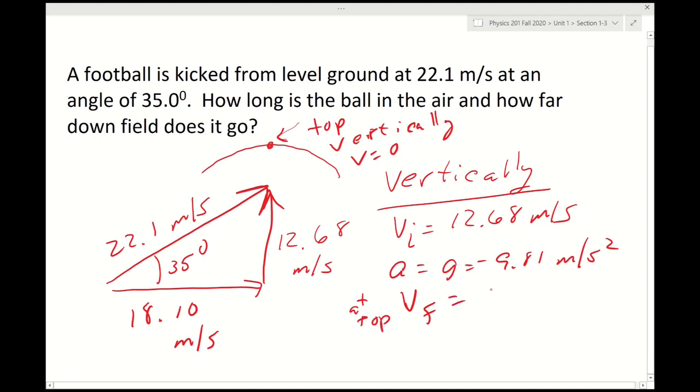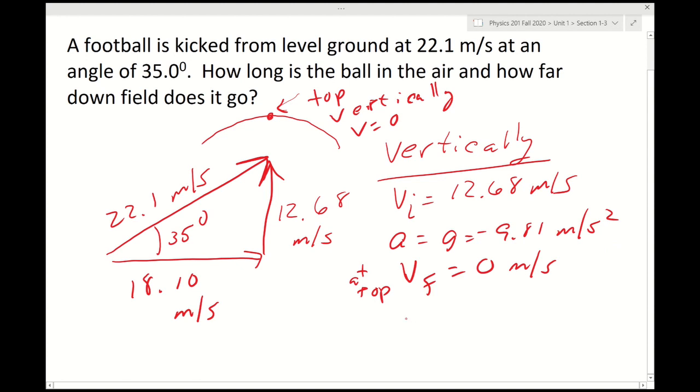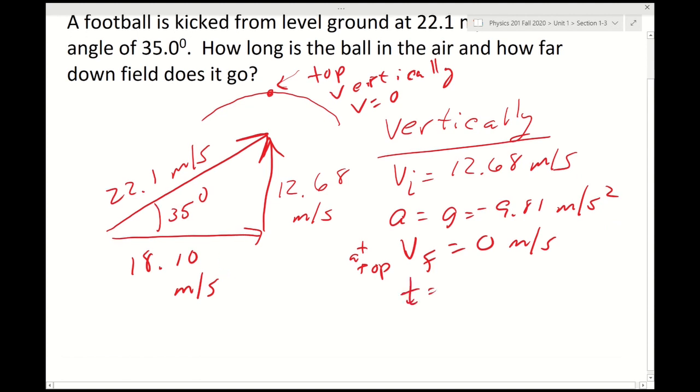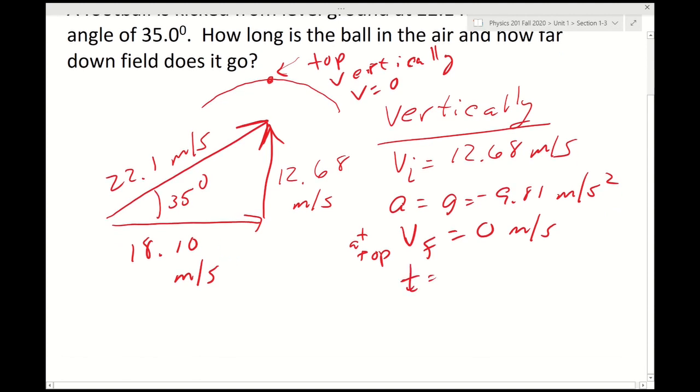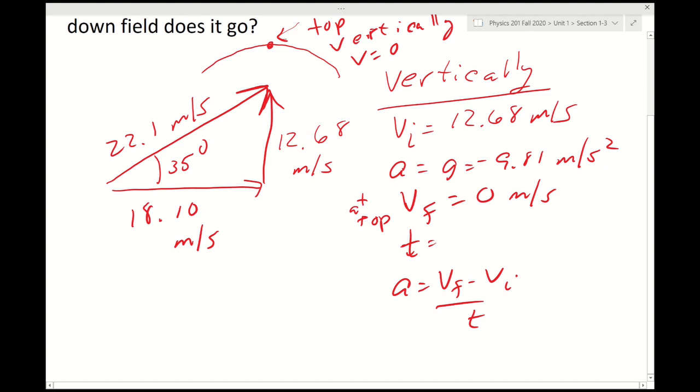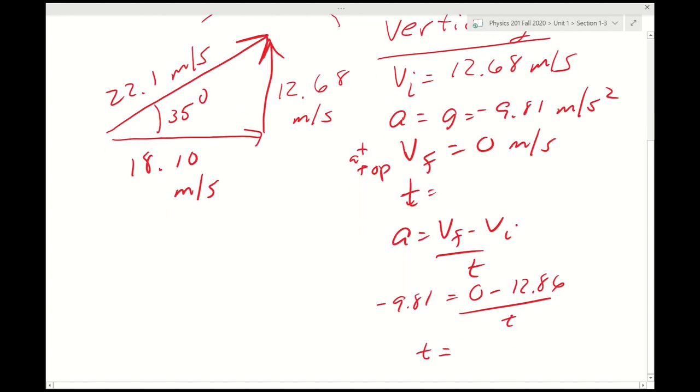So acceleration is Vf minus Vi over t. Negative 9.81 is equal to 0 minus 12.68 over t. So it takes about 1.31 seconds to reach the top.